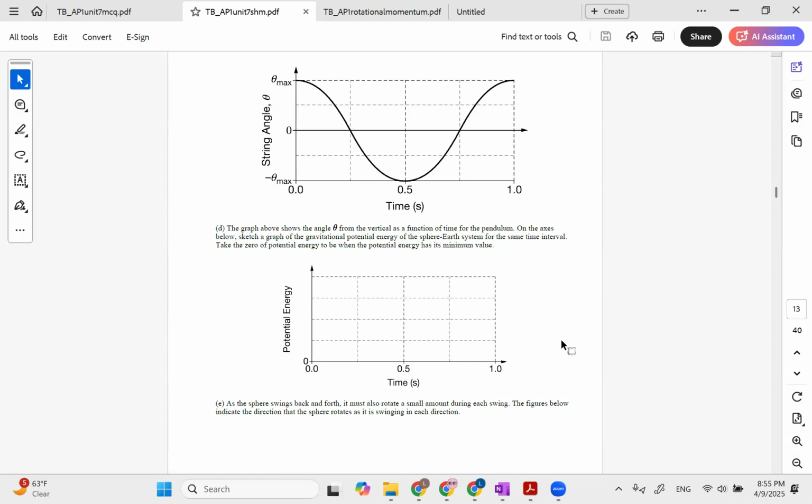Okay, now let's look at D and E. You can try to see how to do this question quickly, right? So what do you get from this one?